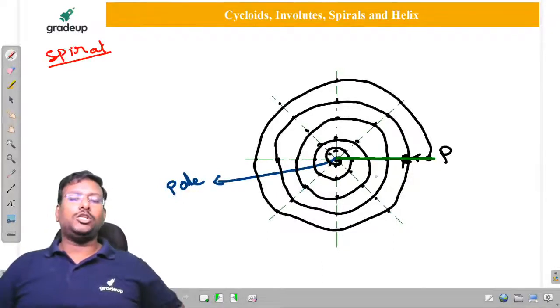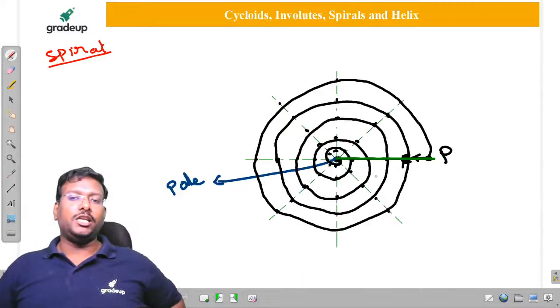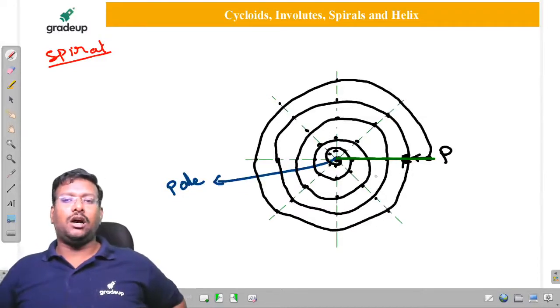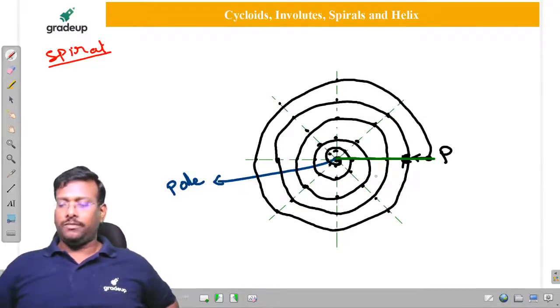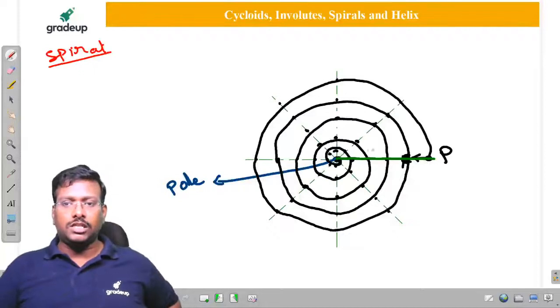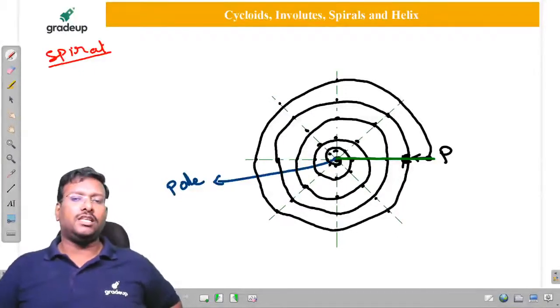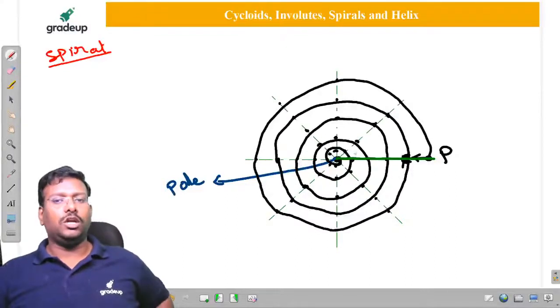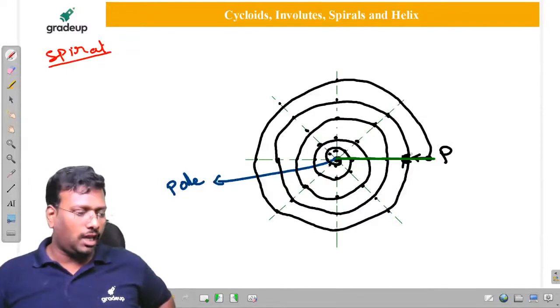Then the path traced out by the moving point is called a spiral. Whenever it is moving towards the pole, we are going to get a curve like this. Whenever it is moving away from it, we also get the same nature of curve. The point about which it is rolling is called the pole. The path of the curve is called a spiral. Is it clear up to this?